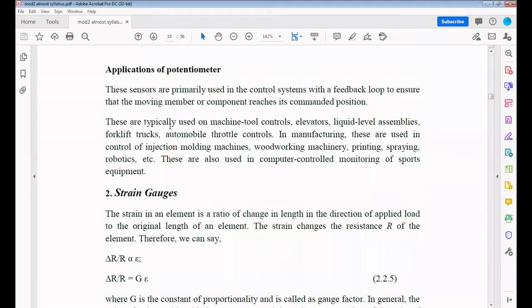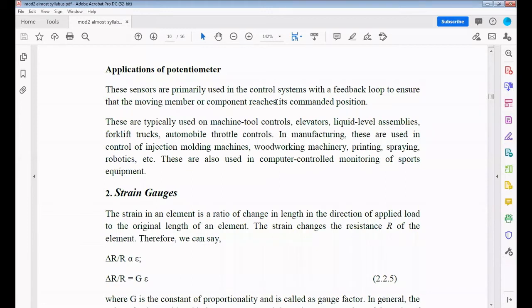Okay. So forklift trucks. Sometimes in any trucks, we can lift a certain weight. Especially these type of things we can use in industry. Suppose for example we need to lift heavy weights, for that we are using different machines.